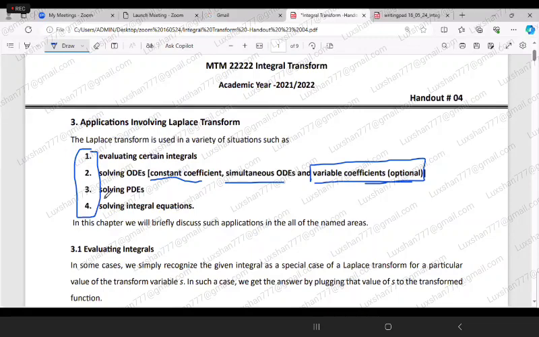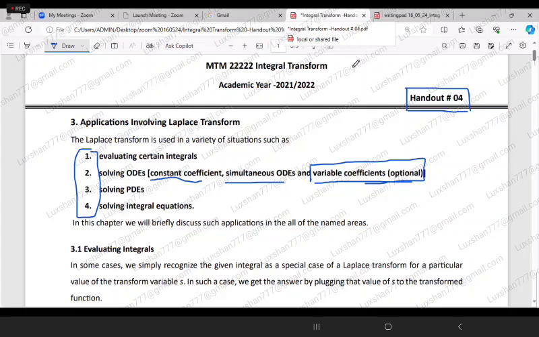I think today I will be able to finish this handout number 4. If you don't understand anything, you can stop me anytime and ask questions. But since we have already studied finding the Laplace transform and inverse Laplace transform, the application is nothing.